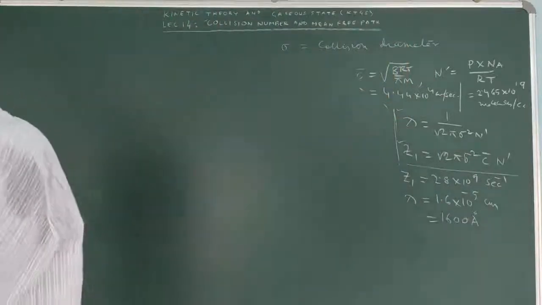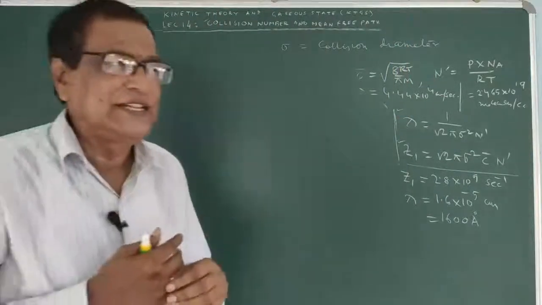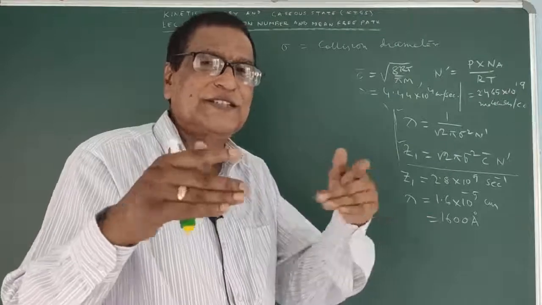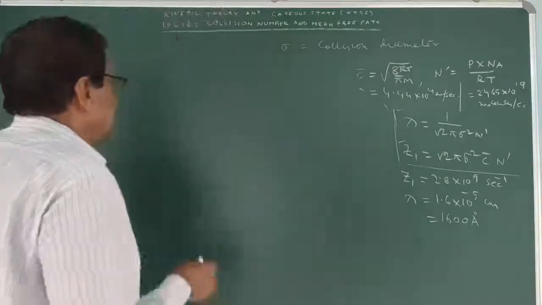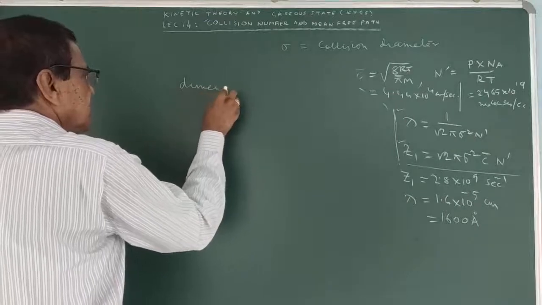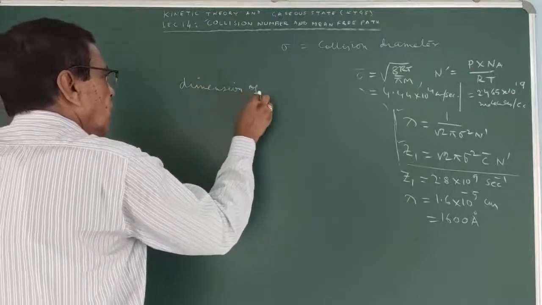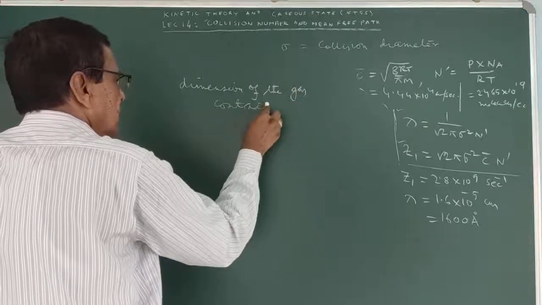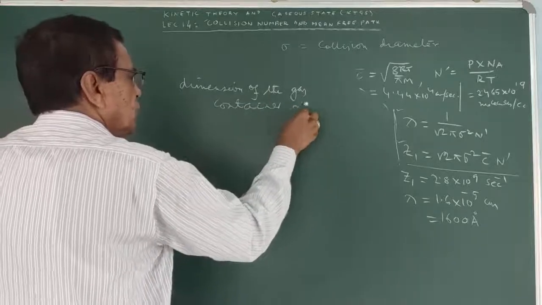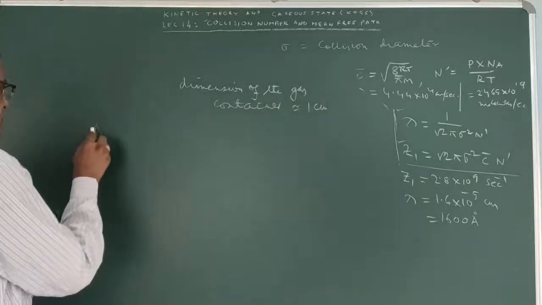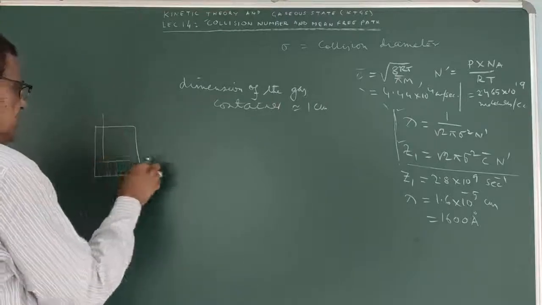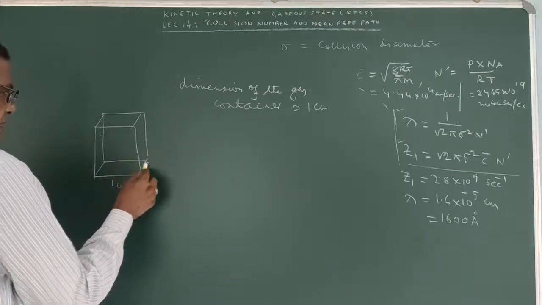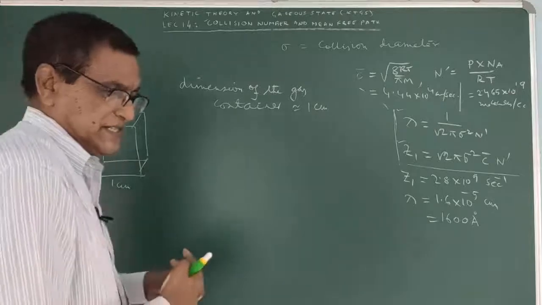Another thing is the dimension of this gas container. Say it is equal to 1 centimeter. Suppose here is the gas, this is the container, and it is 1 centimeter, this is also 1 centimeter, 1 centimeter each.